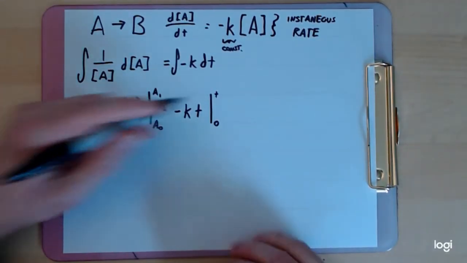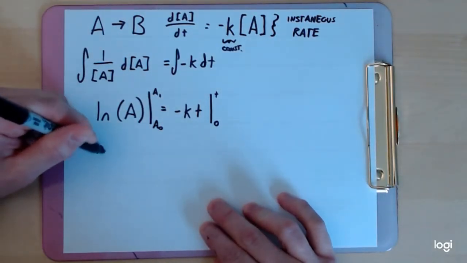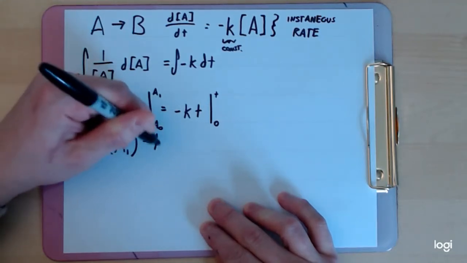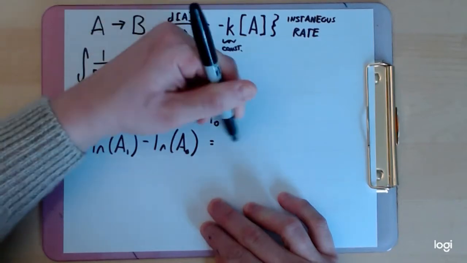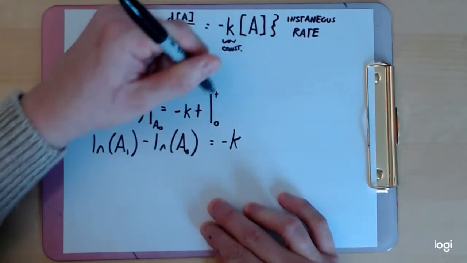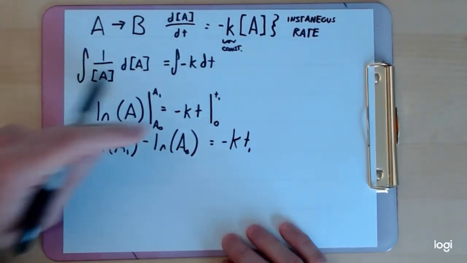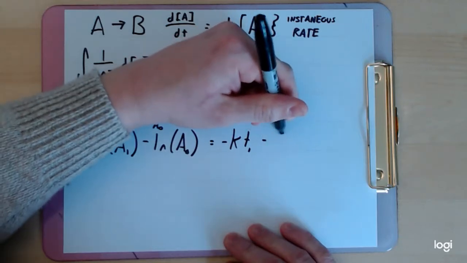So if you evaluate both sides of this, this side is log A1 minus log A0 equals negative kt, we'll just call that t1, negative kt1, and then the other side is 0 minus 0, so that doesn't really matter.